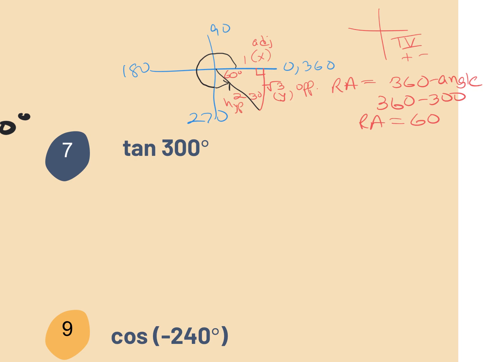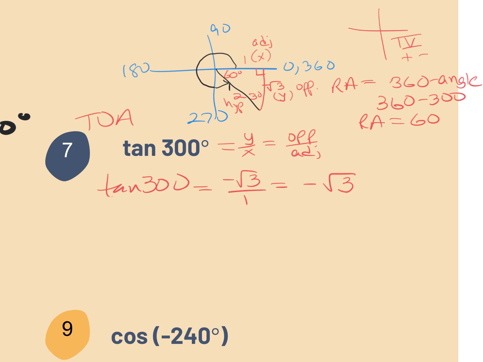So again, you can either choose to do tangent is y over x, or you could do your TOA and do opposite over adjacent. Either way, we're going to fill in our numbers. So negative square root 3 over 1 simplifies to negative square root 3.